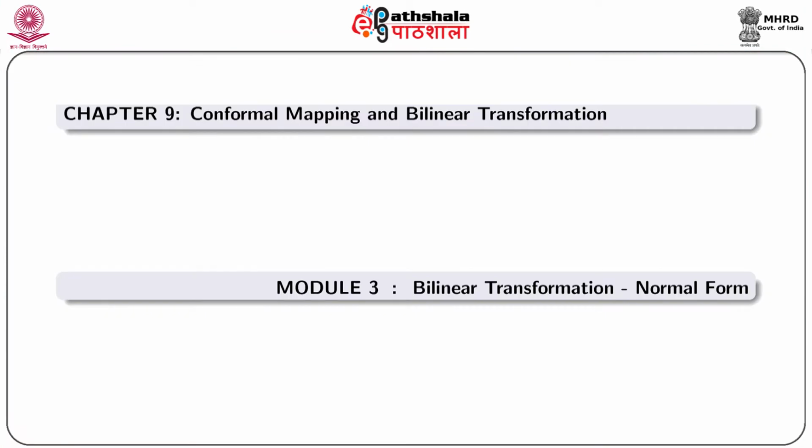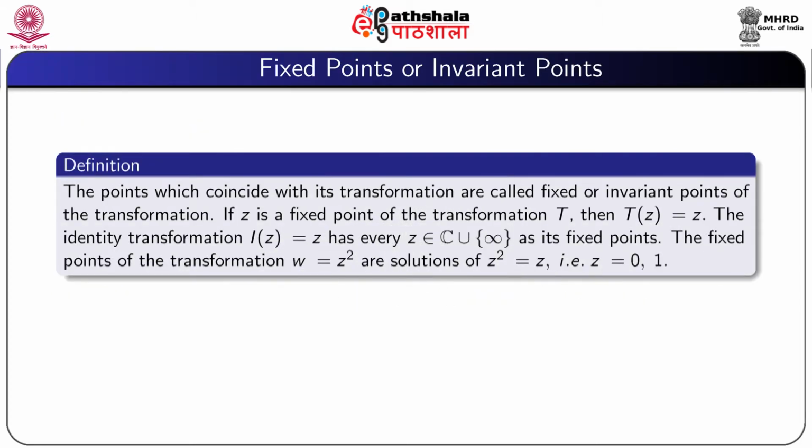So, we start bilinear transformation normal form. First, we define fixed points or invariant points. The points which coincide with their transformation are called fixed or invariant points of the transformation. If z is a fixed point of the transformation T, then T(z) = z.